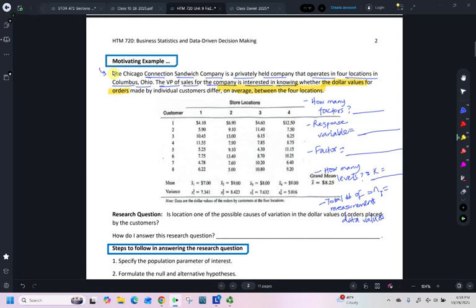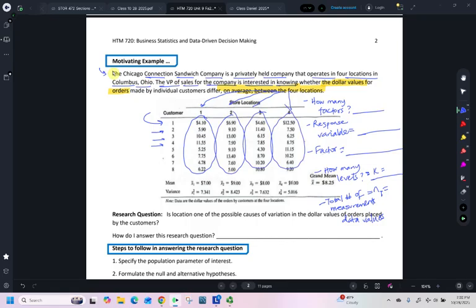So, what have they decided to do? They've gone to each of the 4 locations, 1, 2, 3, 4, and they've taken a random sample of data from 8 customers at each of the 4 locations.